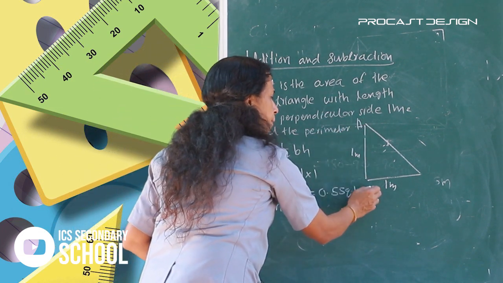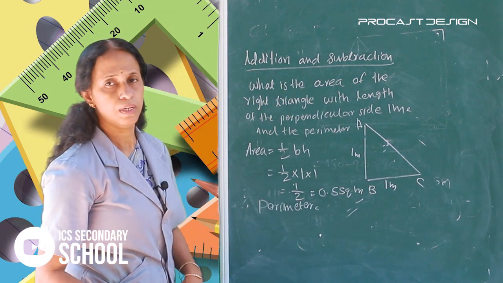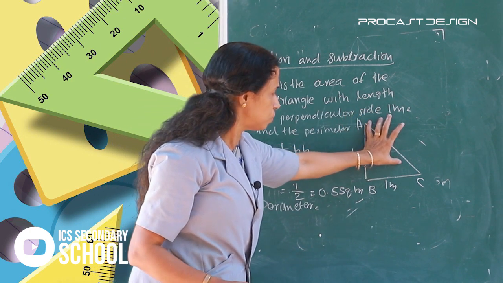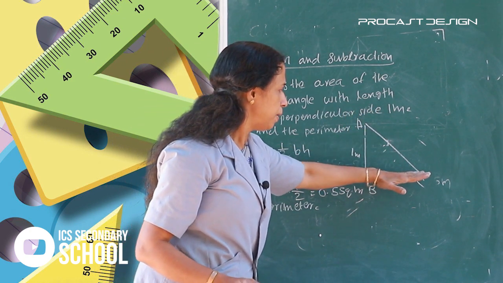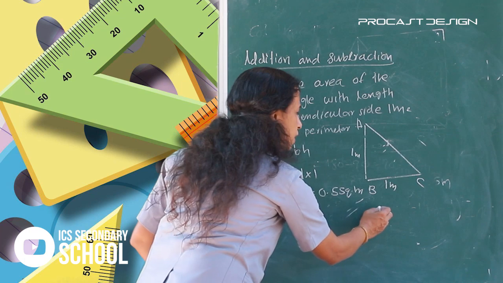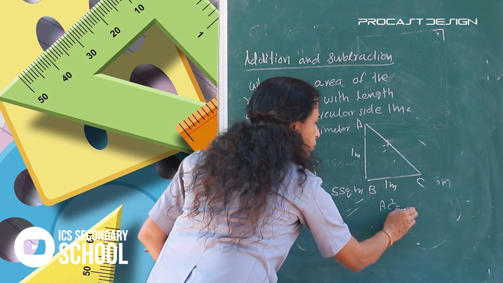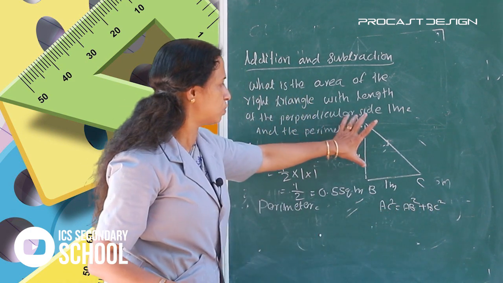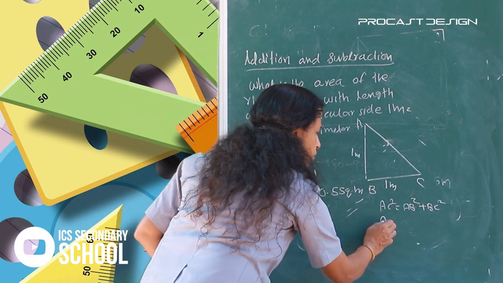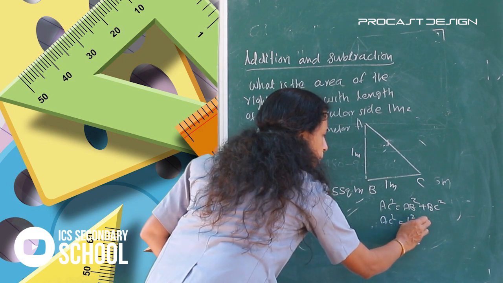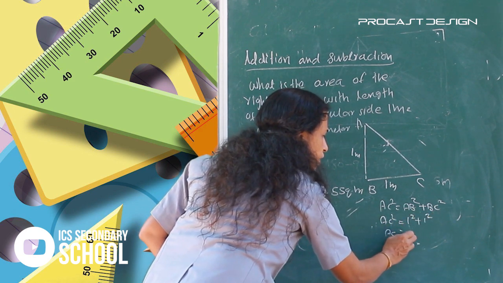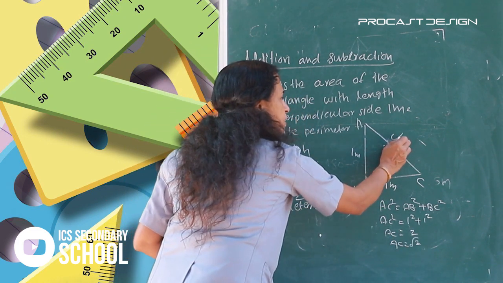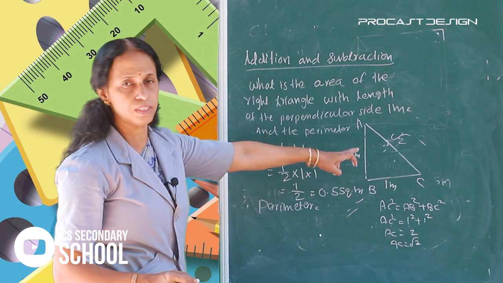Take the triangle ABC and apply the Pythagoras theorem: AC square is equal to AB square plus BC square. AC square is equal to 1 square plus 1 square. AC square is equal to 2. AC is equal to square root of 2. The length of this side is equal to root 2.